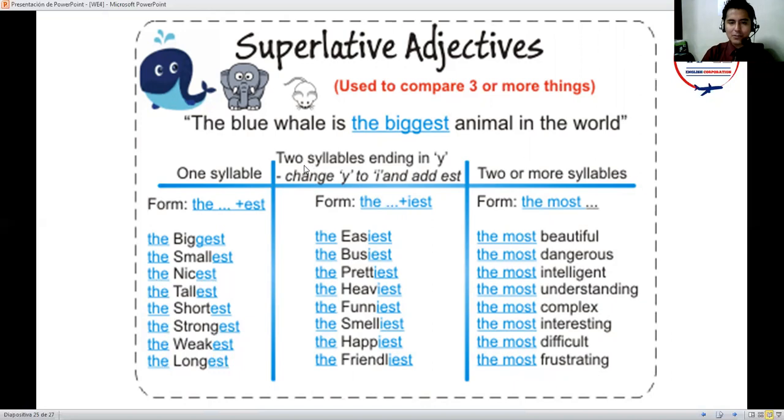What happens in the case of two syllables? If we have two syllables ending in Y, change the Y to I and add est. For example, listen and repeat.